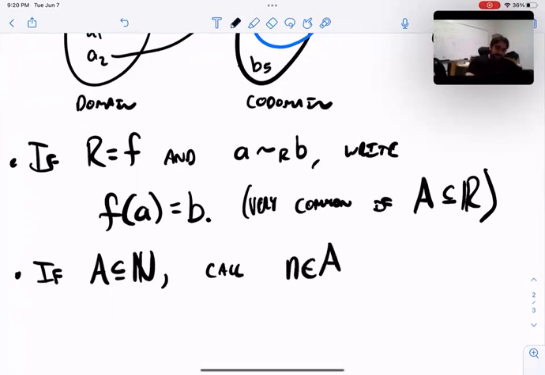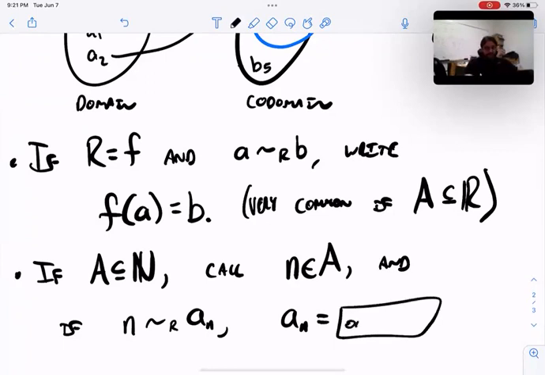You'd call the little n the inputs. If n is related to some element a sub n, then you just write a sub n equals the output.